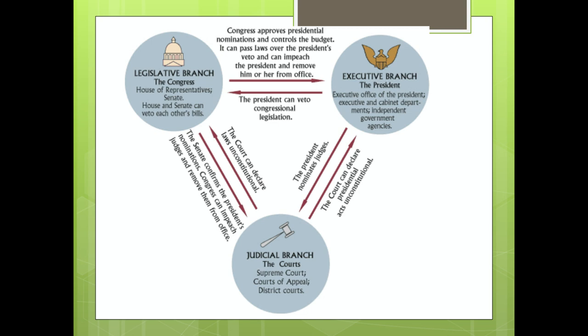You might even want to draw this diagram in your notes to make sure you know what each branch is and what each branch can do to the other. And then we have the executive branch. The executive branch is the office of the president, his cabinet, and independent government agencies. You can read through this and see how each one can check each other and make sure that no one branch has too much power.